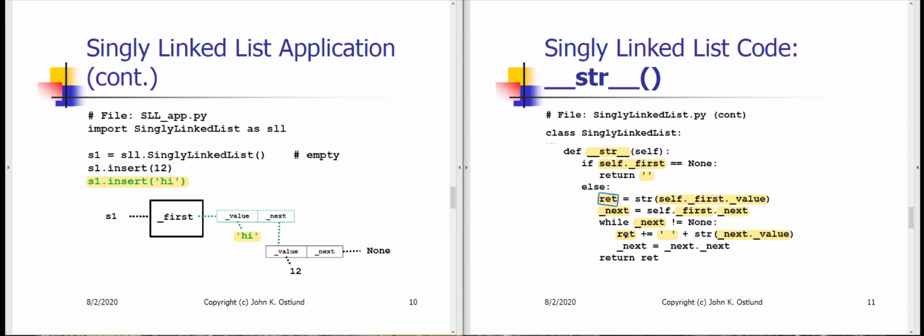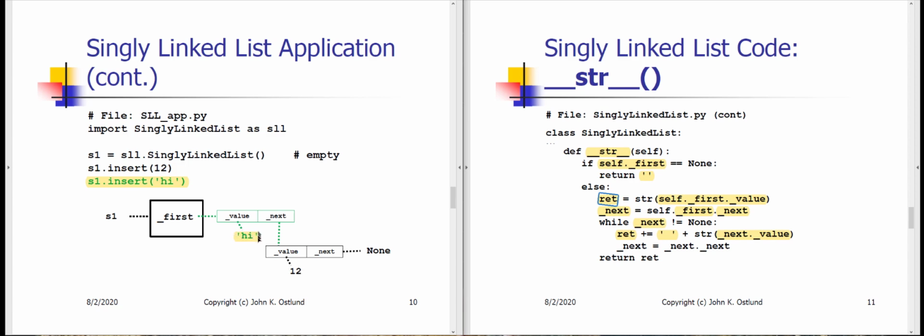Consequently, we're going to modify ret. We're going to say ret has appended to it a space and the next value, which is 12, converted to str. So we started out with ret containing the str "hi", and now ret is going to be modified to contain "hi 12", all right? Because when we convert the integer 12 to a str, we get the two characters 1 and 2.